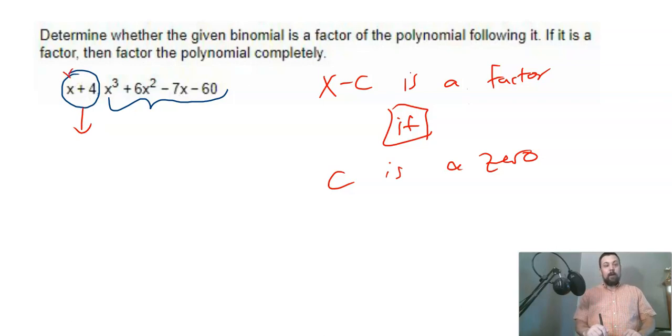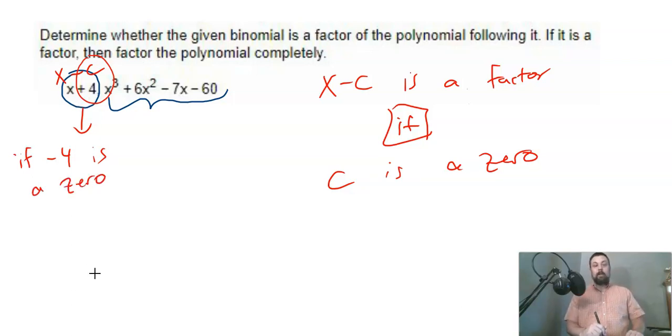Remember, we're comparing this to x minus c. And so c is the opposite sign of this number that we have in the expression. It's a plus 4, which means c is negative 4. So if negative 4 is a 0 of the polynomial, then yes, x plus 4 will be a factor.